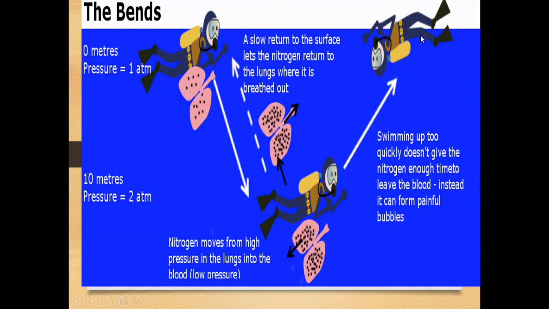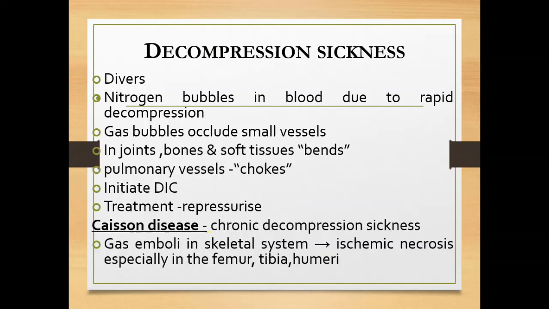This is often related with the formation of the bends, seen in scuba divers. Nitrogen bubbles in the blood due to rapid decompression. Gas bubbles occlude small vessels in joints, bone, and soft tissues, causing the bends; in pulmonary vessels, the chokes; and can initiate DIC. Treatment: repressurize.